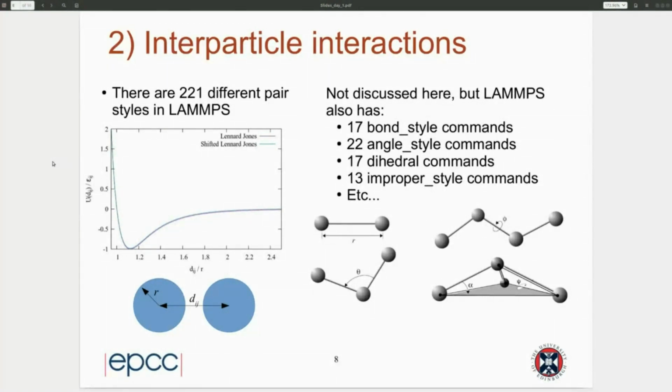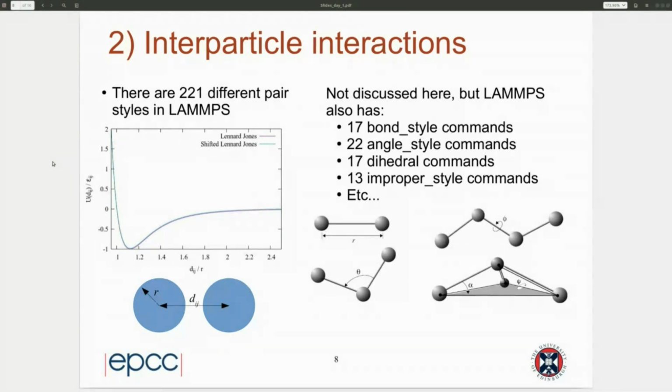There's angle commands. Hydrogen, oxygen, hydrogen has a set angle, 104 point something from memory. How does that angle move about? Does it jiggle or is it fixed? You can set those parameters to fix your simulation.